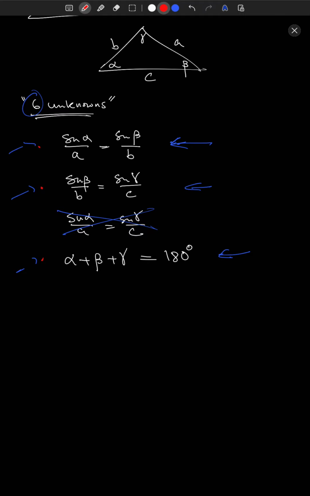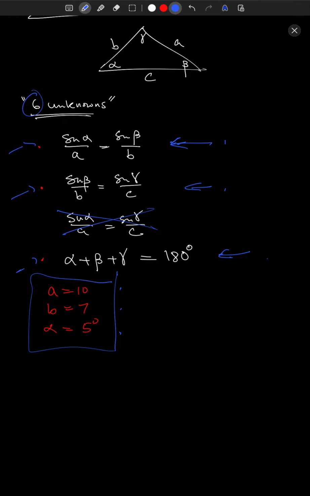And if I tell you A is equal to 10, B is equal to 7, alpha is equal to 5 degrees or something like that, how many pieces of information will I have in total? 1, 2, 3, 4, 5, 6. So what I expect in general is that there will be a finite number of triangles that represent these 3 pieces of information here.